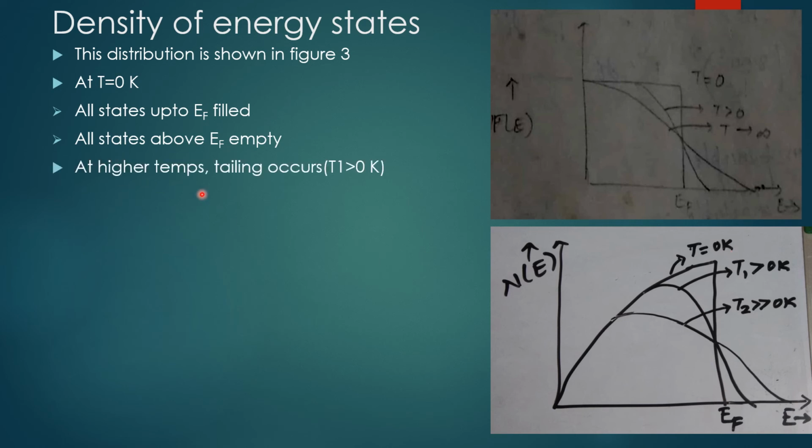At higher temperatures, tailing occurs. That is for T1 greater than 0 degree Kelvin. That is this curve. At still higher temperatures, the fall becomes steep. That is this one, at T2 greater than 0 degree Kelvin.